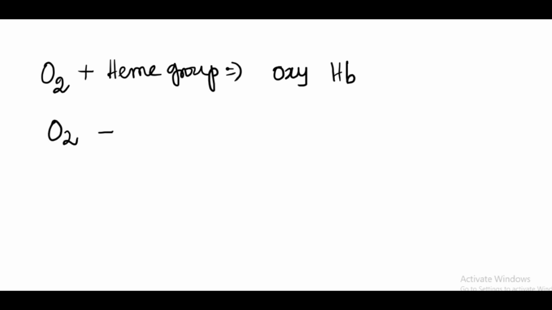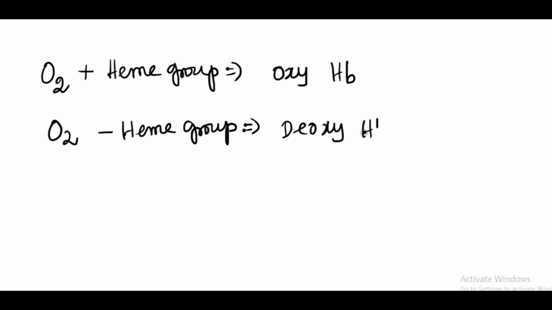Whenever oxygen is not incorporated with the heme group, that is known as deoxyhemoglobin. Usually oxyhemoglobin is red in color and deoxyhemoglobin is blue in color. Then their magnetic properties.